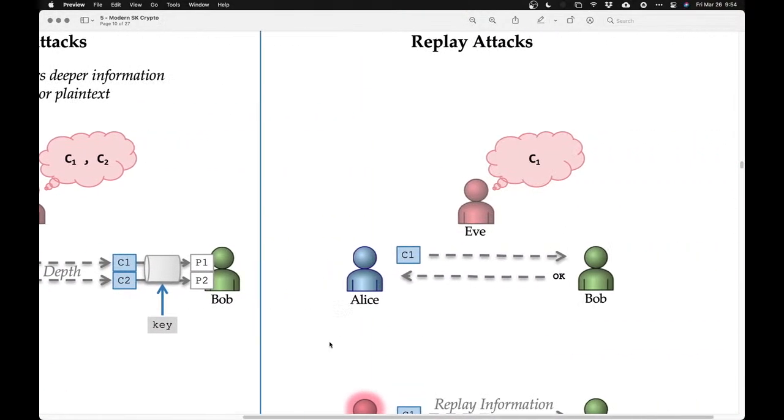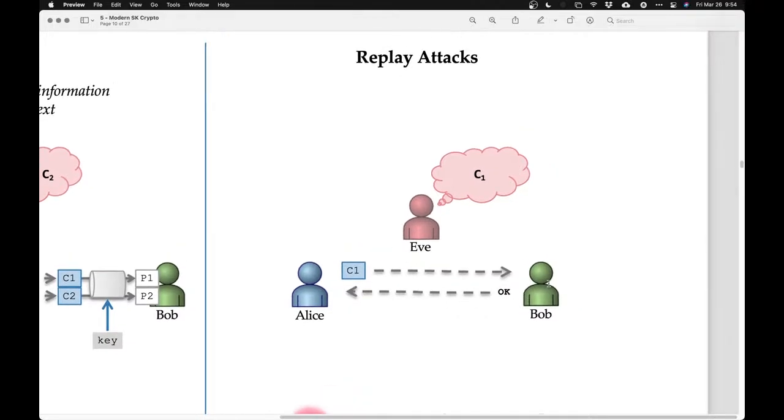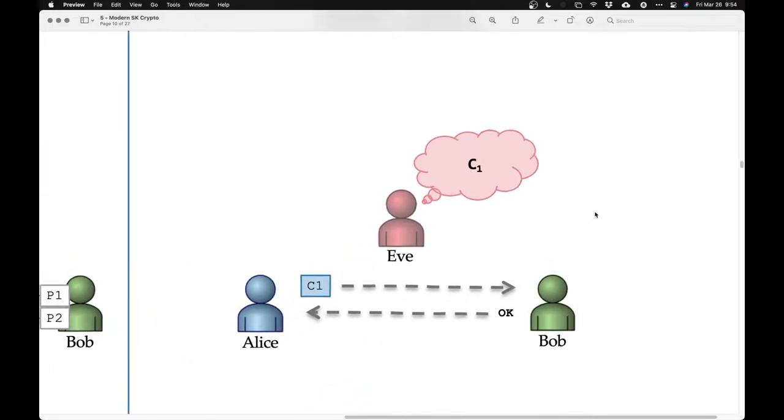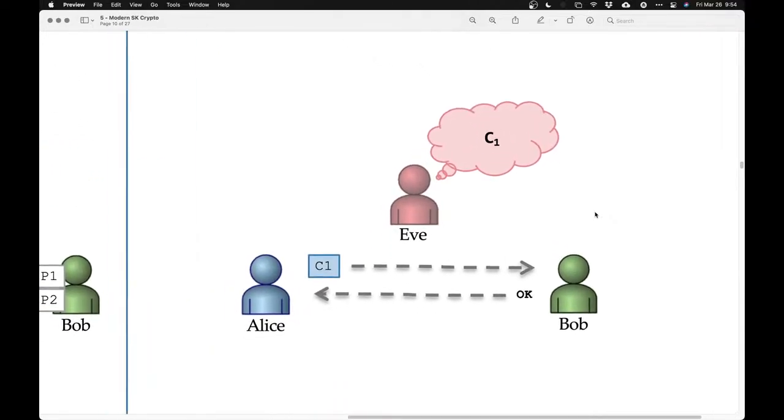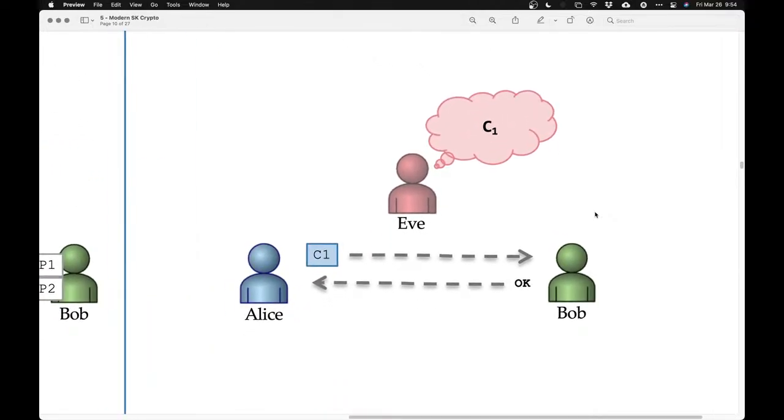There's another type of attack that I also want to mention, which I think Ken or somebody asked me about last week in class. It's called a replay attack. In a replay attack, Eve is extremely lazy and doesn't even bother trying to decrypt anything. Eve simply notices that when Alice sends this ciphertext to Bob, Bob does something. For example, when Alice sends ciphertext C1 to Bob, Bob quickly runs to the bank and gets out 1 million NTD.